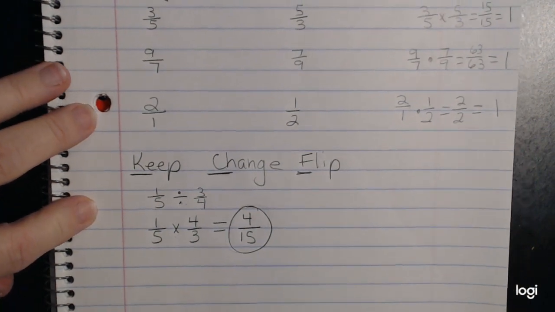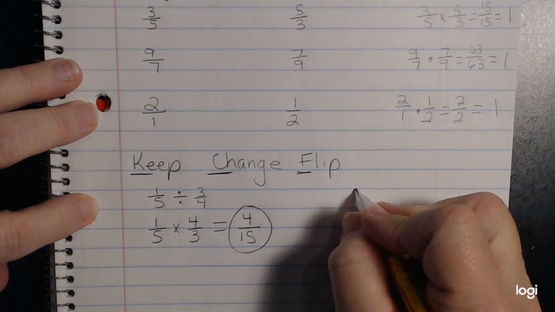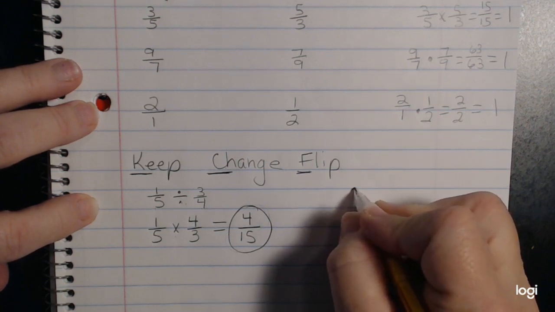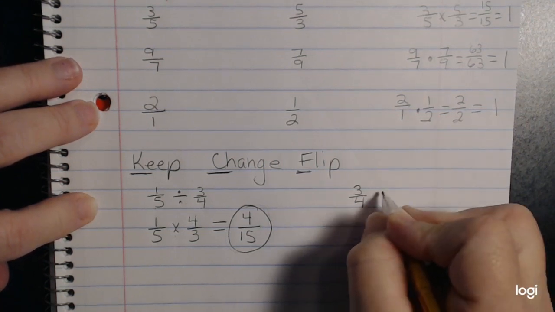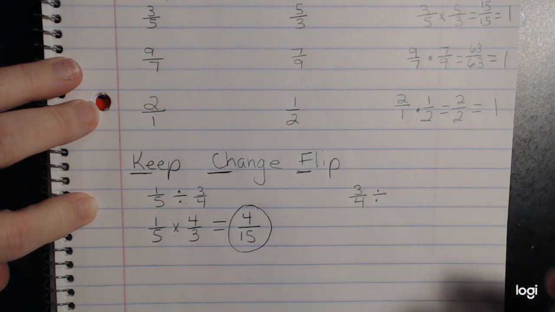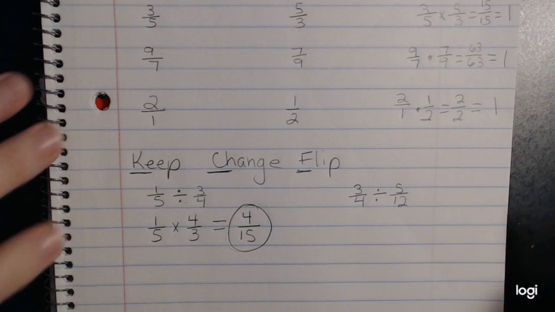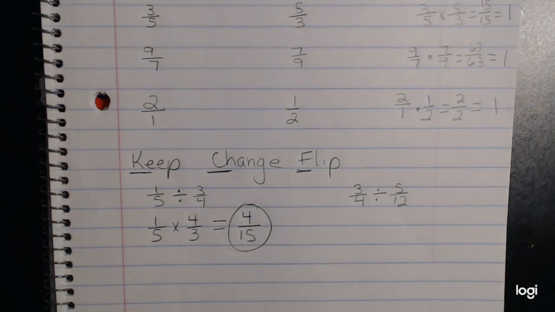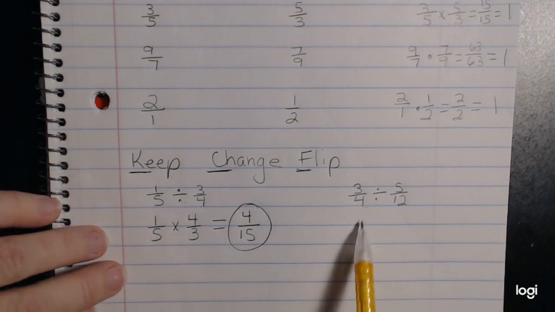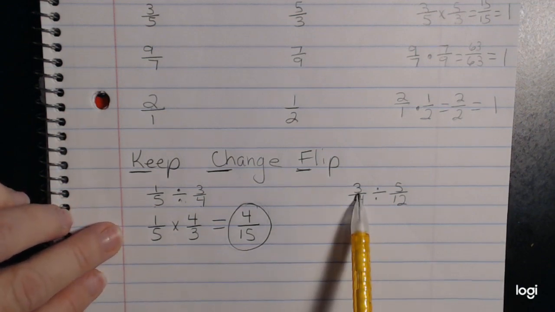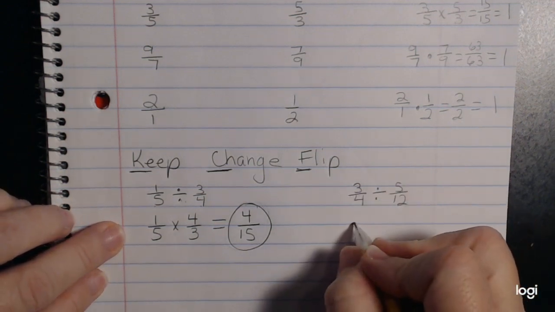All right, well, let's try one over here. We're going to use the fraction 3/4 divided by 5/12. So, of course, the first thing we do is we write the problem down. The second thing we do is we rewrite the problem. We keep the first fraction.